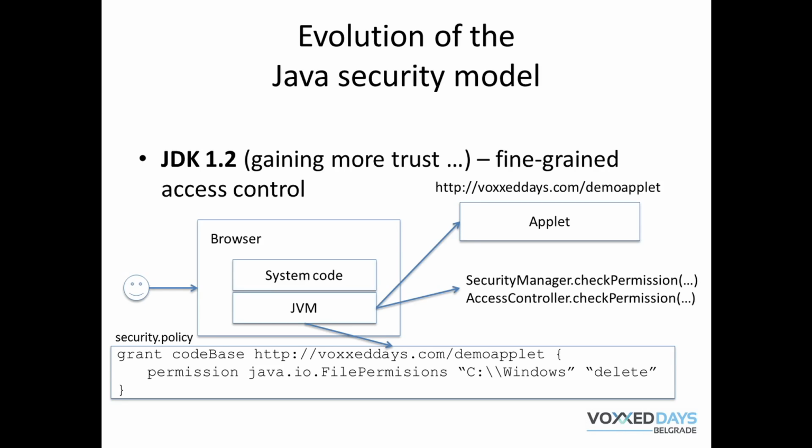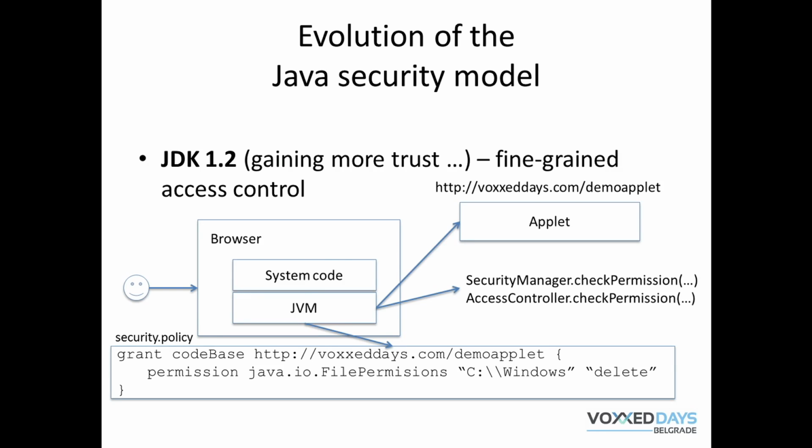So based on that location, I can specify some permissions for the applet. In the particular example, I have a snippet from a Java security policy file that specifies that I grant the permission to delete the C Windows folder, and I grant that permission to all applets loaded from voxdays.com/demoapplet.